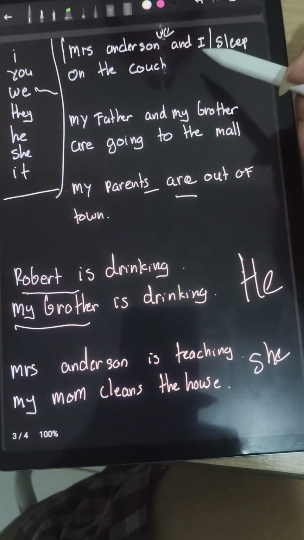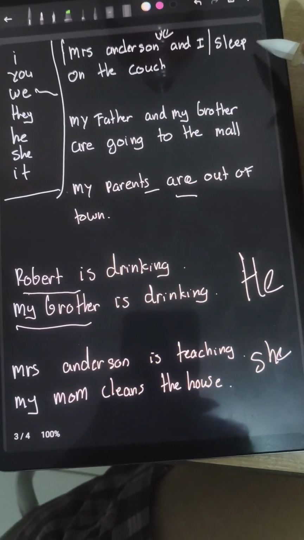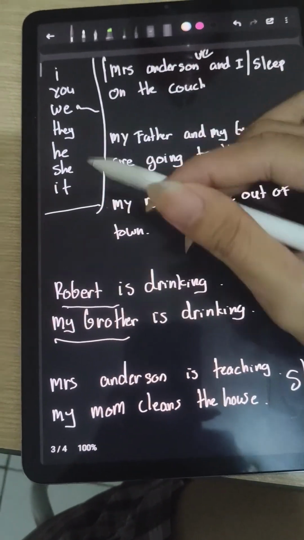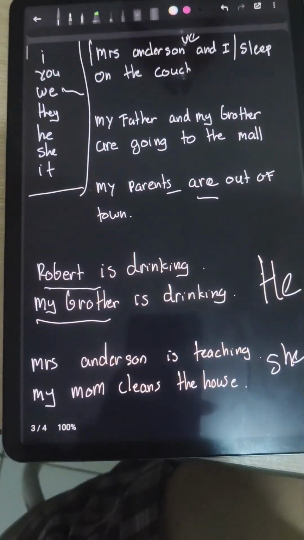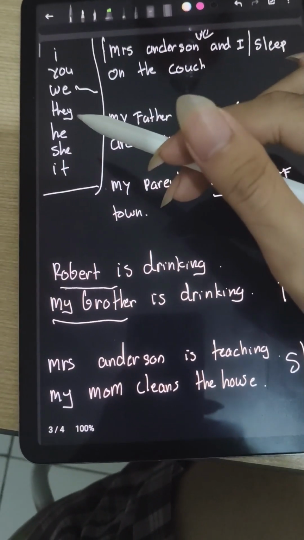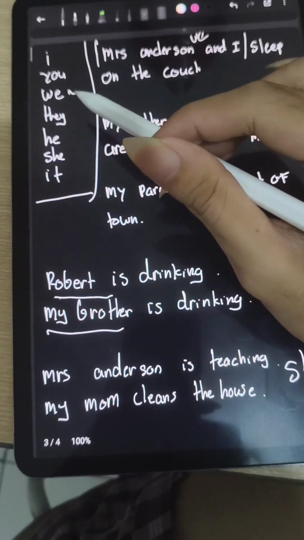Mrs. Anderson and I become we: we sleep on the couch. Notice I don't put s here. This is not Mrs. Anderson, she, or I. No. More than one person, immediately you throw it to we or they. If you're included, throw it to we.